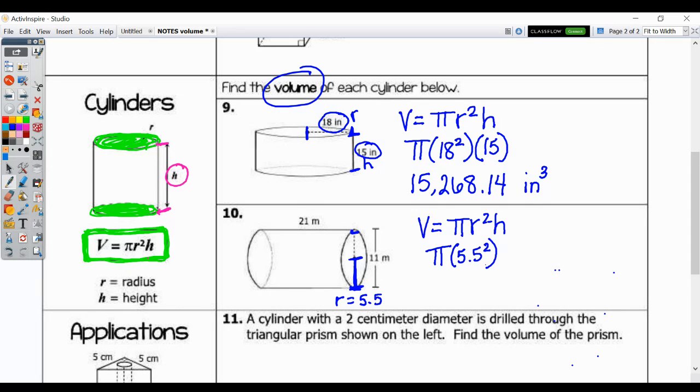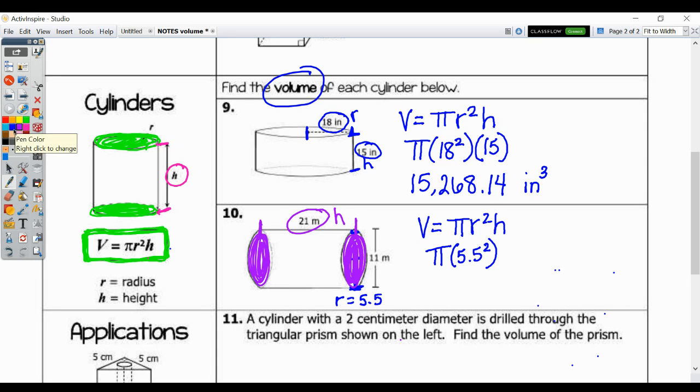Okay? Now I'm worried about my height. Now this cylinder is kind of laid over on its side, but we talked about earlier, we want the distance from circle, here's a circle, to the other circle. So the height of this is going to be 21 because I go from circle to circle. Okay?